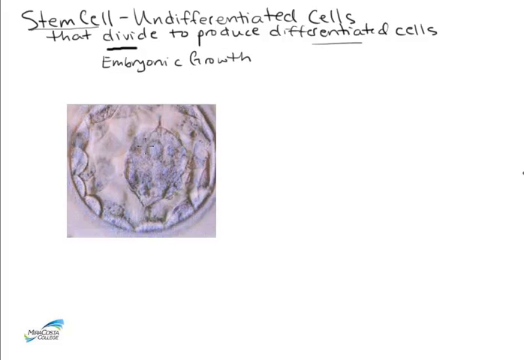We talked about the fact that these cells in the inner cell mass at that stage of development that we call the blastocyst stage following cleavage, those cells are embryonic stem cells.